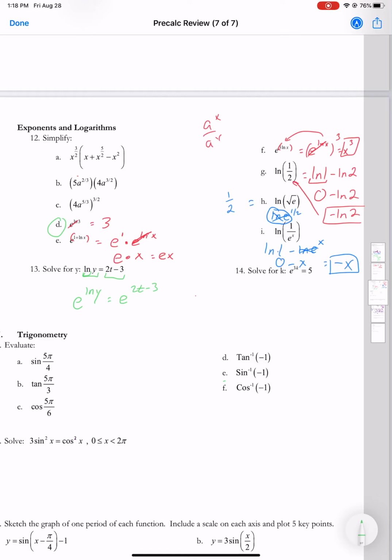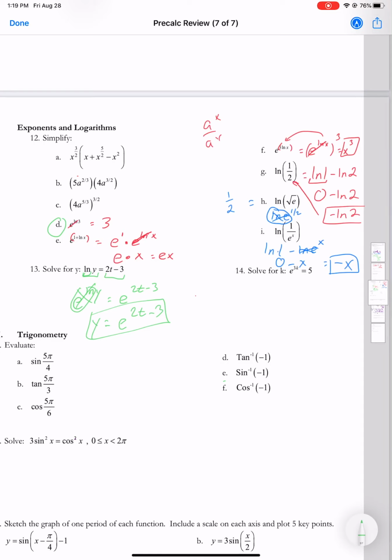So my operation I'm doing to both sides here is just making them both powers of e. When we do that, e and natural log cancel each other out, and that gives us y by itself, which is exactly what we wanted. And once y is by itself, we don't need to go any farther. It asked us to solve for y. We did. So y equals e to the power of 2t minus 3.